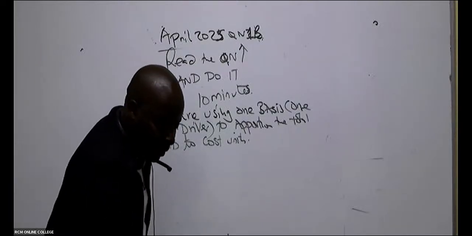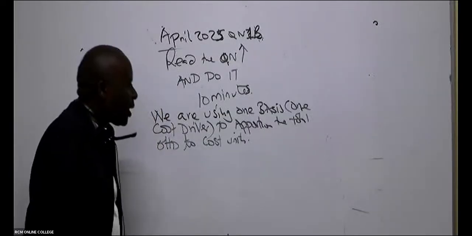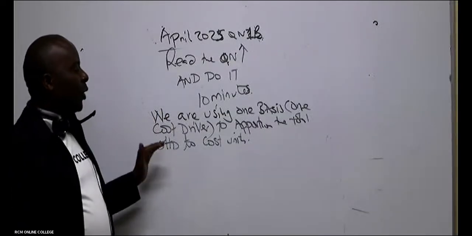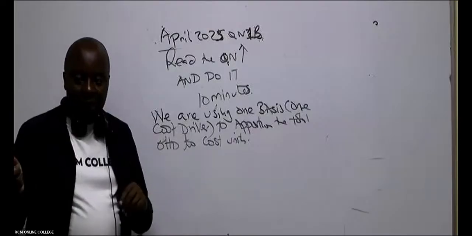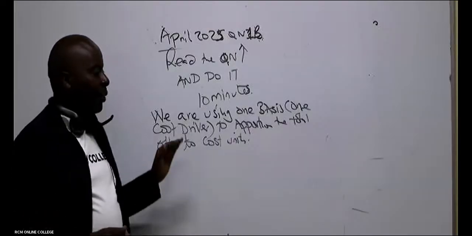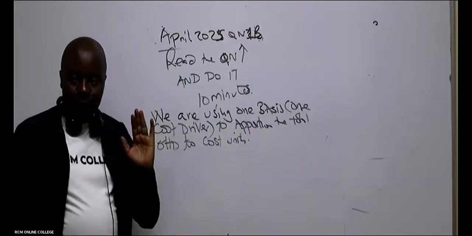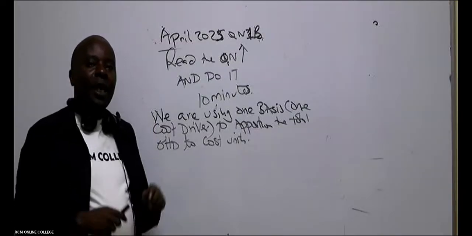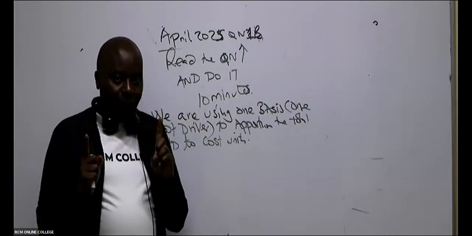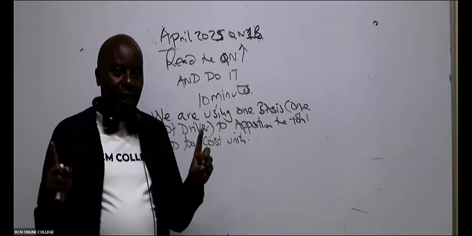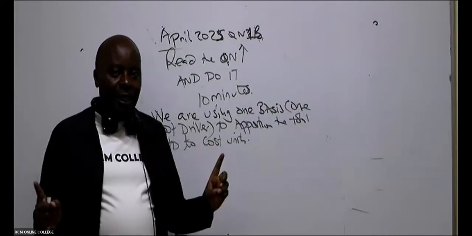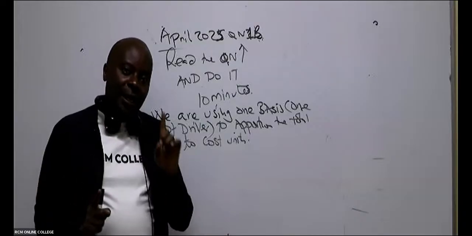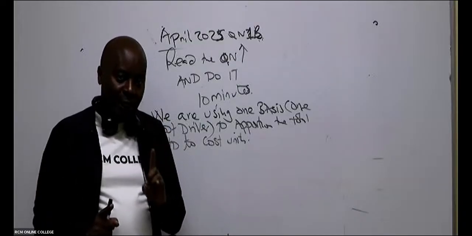So then that means that this particular cost driver, which is labor hours basis, will be applicable all through. And because it's applicable all through, then we call it company-wide basis, or one blanket basis, one blanket.